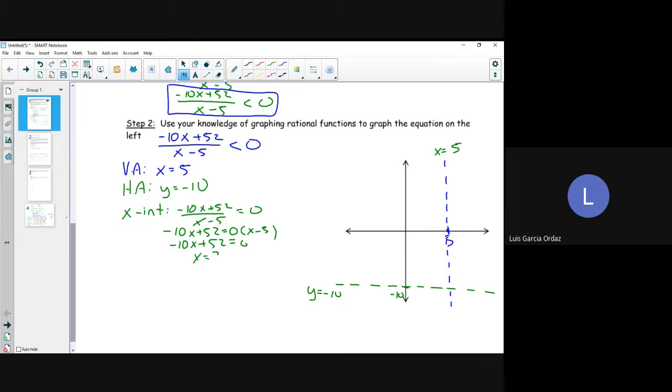So x is equal to 26 over 5, or positive 5.2, sorry. Our x-intercept is going to be somewhere in this general vicinity.